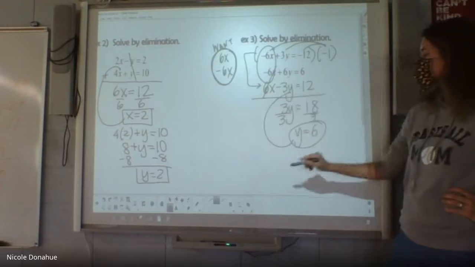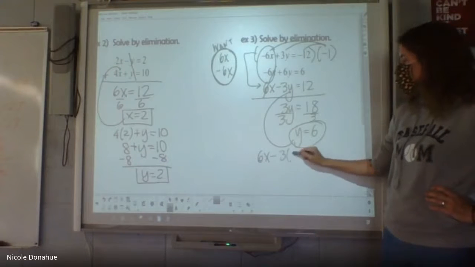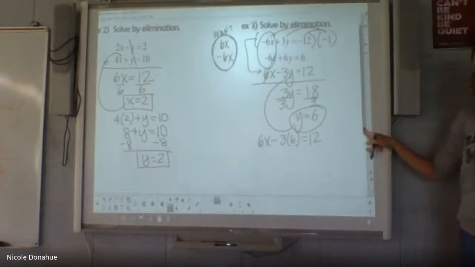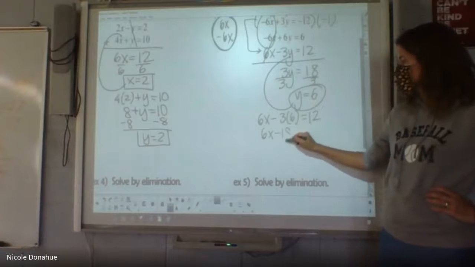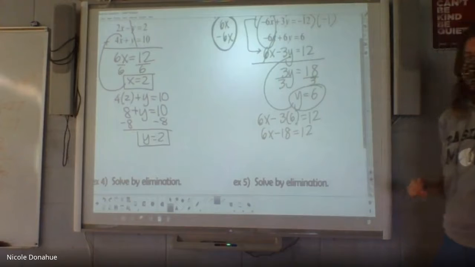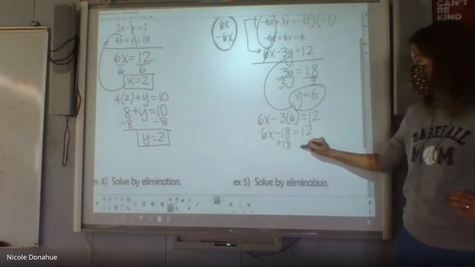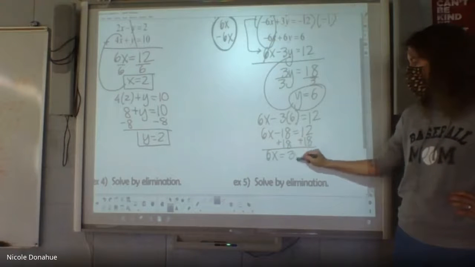How about this one here? 6x minus 3 times 6, 12? X equals 30.